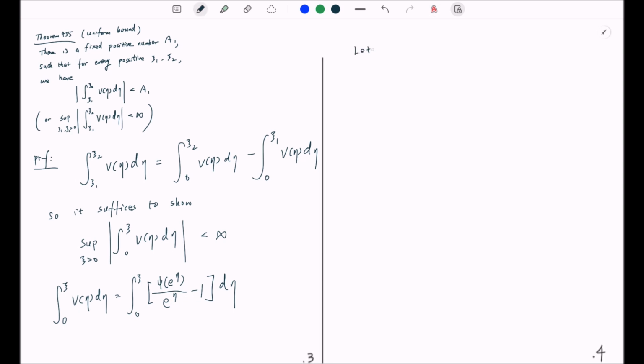We let t equal to e to the eta, and therefore eta is equal to log of t. If we plug this back into the integral, what do we get? Eta moves from 0 to c, so t moves from 1 to e to the c.